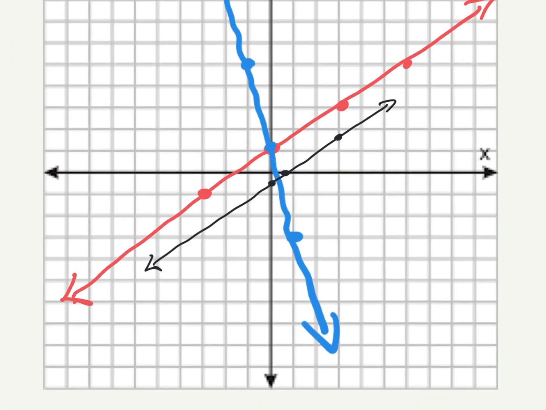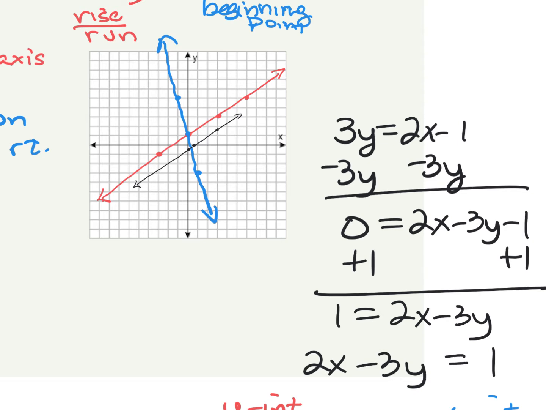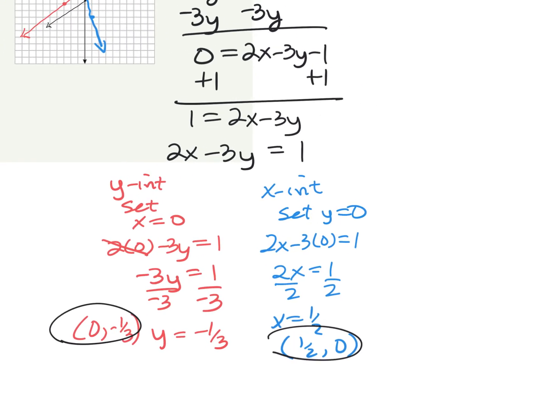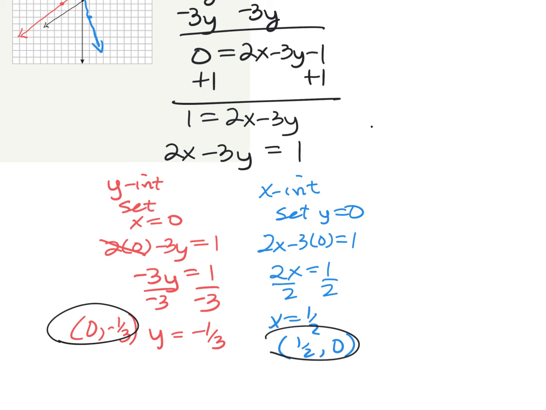Now, when I used to teach it to my Algebra 1 class, instead of showing them officially to plug in the zeros, as long as it was in standard form, I would tell them to do this. If I wanted to find the y-intercept, I would pretend like this wasn't there, and I would solve what was left. When I wanted to find the x-intercept, I would cover up the y term and then solve what was left in the problem.